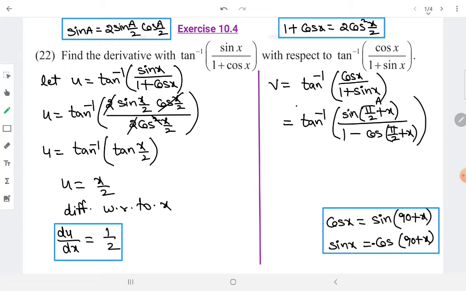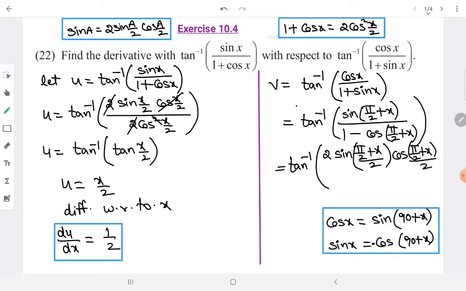If this is a, then according to this formula, tan inverse of sin of pi by 2 plus x, the whole term considered as a, gives 2 sin a by 2, where a by 2 means pi by 2 plus x whole divided by 2, and then cos a by 2, which again is pi by 2 plus x whole divided by 2.